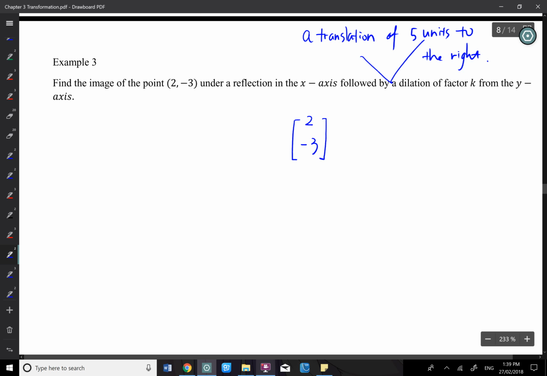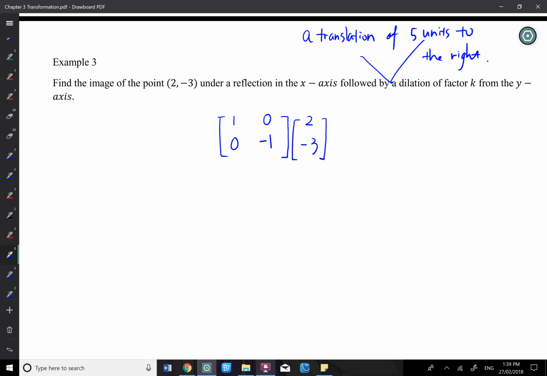The reflection in the x-axis is changing the y value. That will be the first matrix: 1, 0, and 0, -1. Then followed by a translation of 5 units to the right.